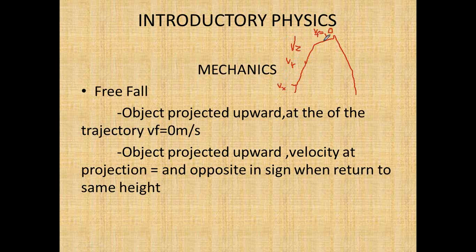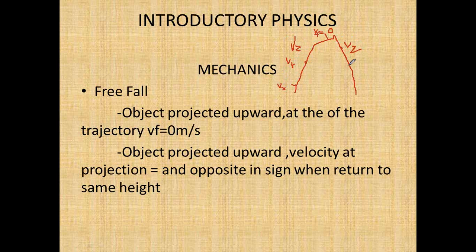When it starts coming down, at this point right here, the velocity is also going to be velocity z, whatever the number z is. It's the same point corresponding to when it was going up, but the sign is going to be negative because it's coming down.